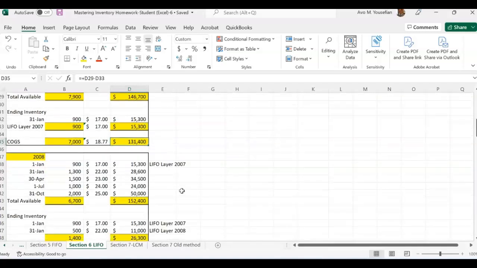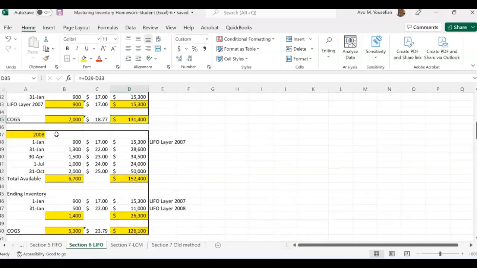Now, let's take it to 2018. In 2018, the beginning inventory is the LIFO layer of 2017. So we put that at the beginning as a LIFO layer. Same information will be transferred in here.